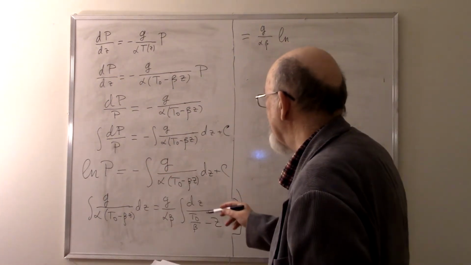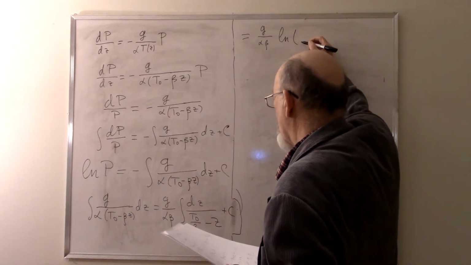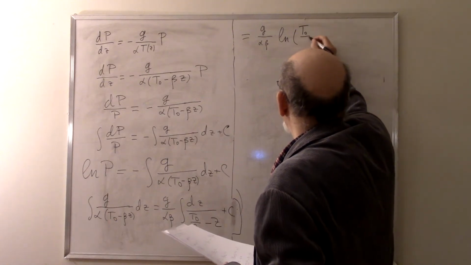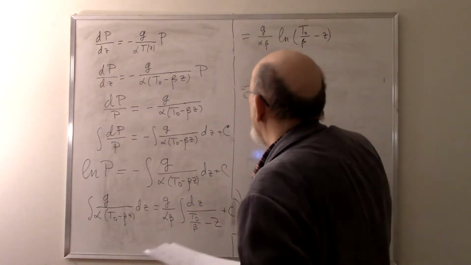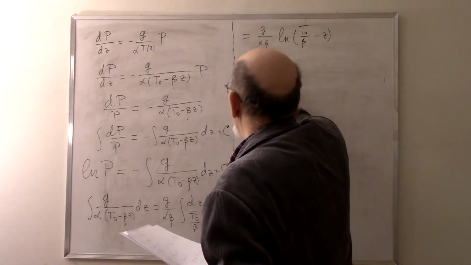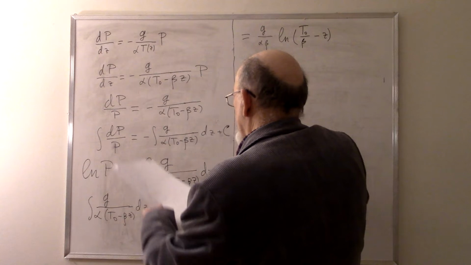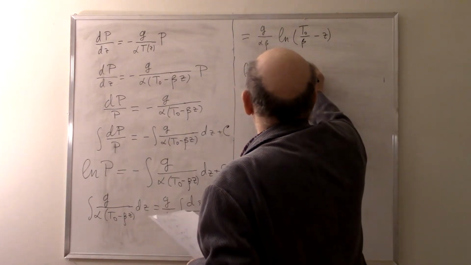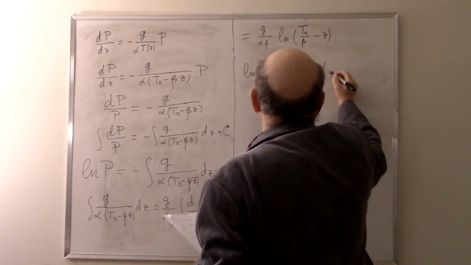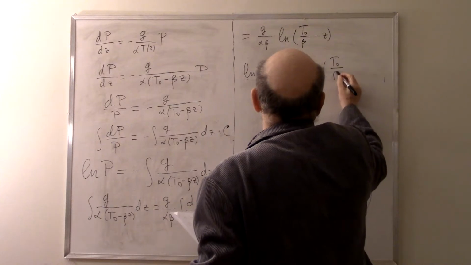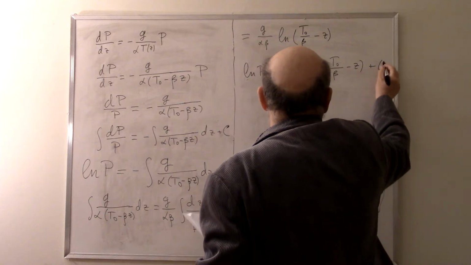So it is the logarithm of a positive number, T0 divided by beta minus z. And so we have logarithm P equals minus G over alpha beta logarithm of T0 over beta minus z, plus C.